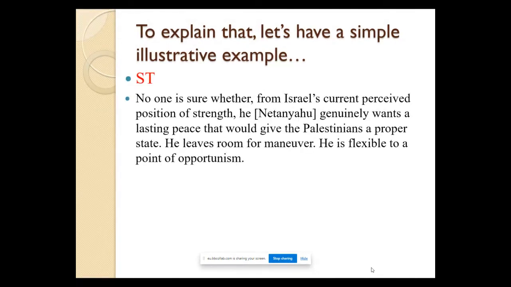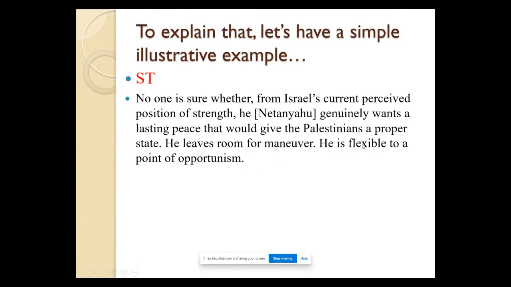Right. So we start with a very long sentence, to the extent that here we should have, for example, a full stop or at least a semicolon. Again, here we have short sentences. The second sentence, he is flexible to a point of opportunism.